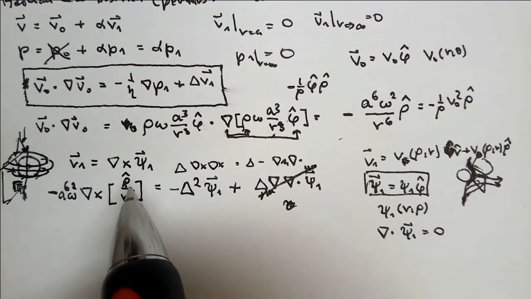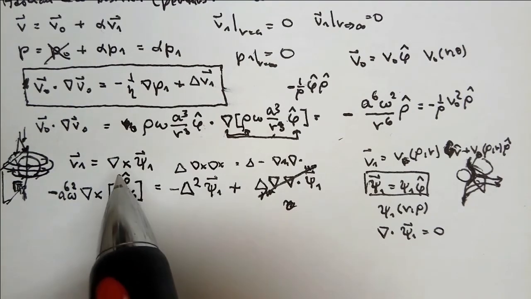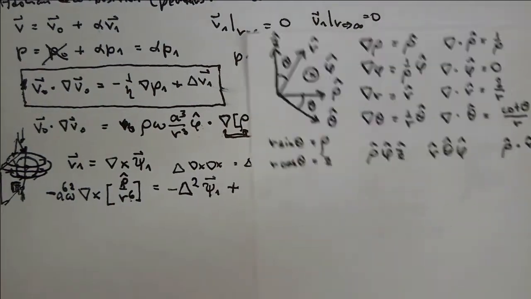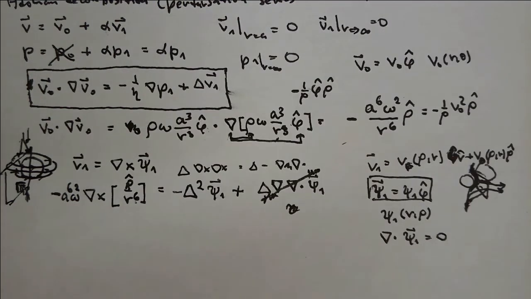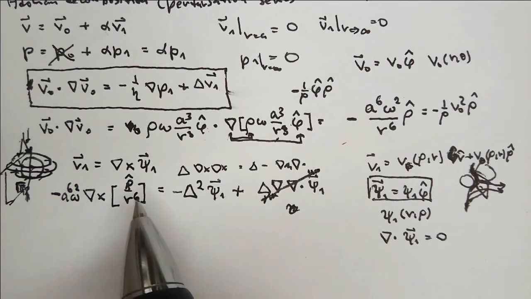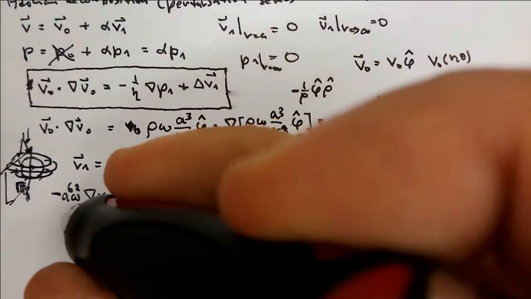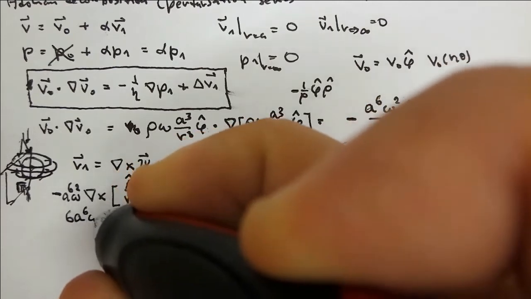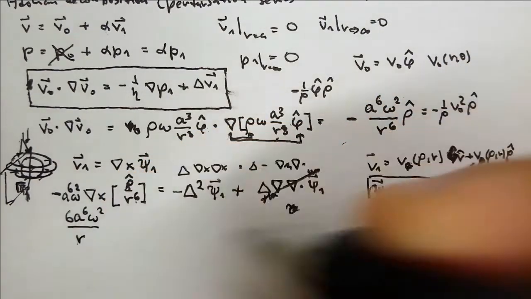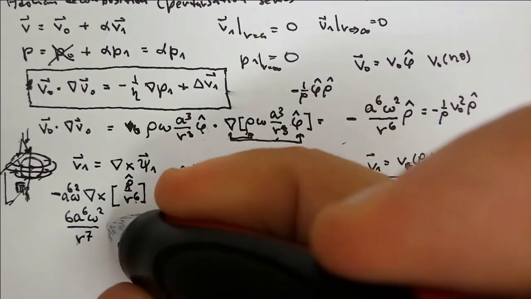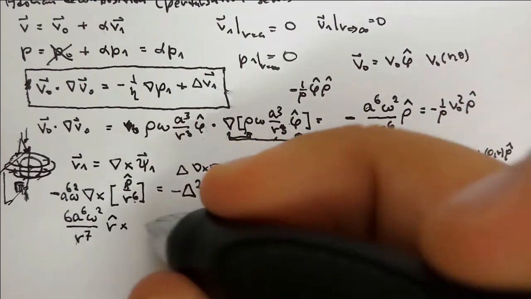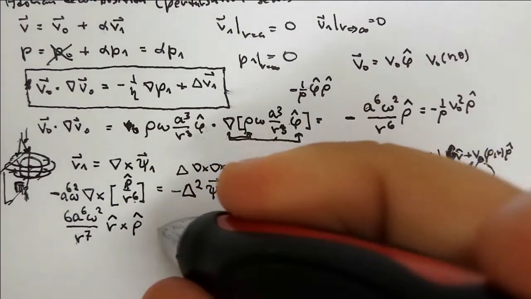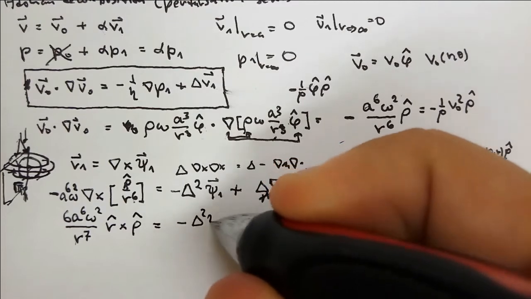This is the curl of this, and curl of rho hat is 0 because the table tells us that curl of rho hat is 0, and there is gradient of r to the 6th power, which is plus 6a to the 6th power omega squared over r to the 7th power, and there is r plus, minus will cancel, r cross with rho hat, and this is going to be minus Laplacian squared of psi 1.